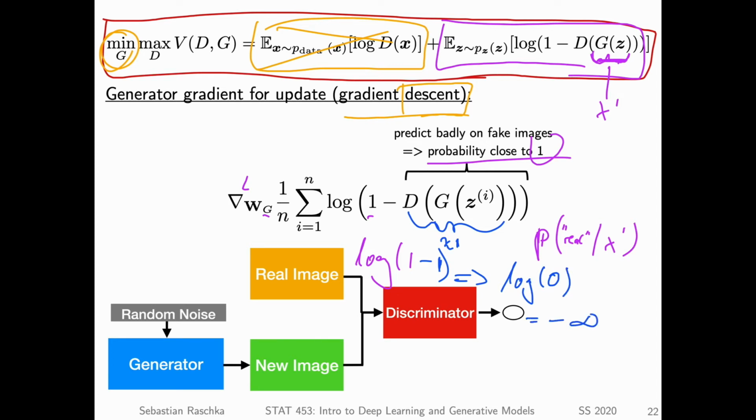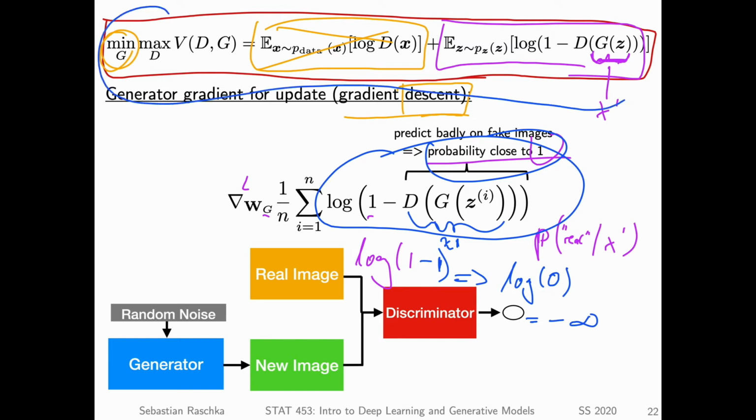So in that case, we minimize this whole objective here by putting a probability close to 1 here, such that the log will be 0, which will then cause the whole objective to be minus infinity, or very small, infinitely small in fact. So by just having the discriminator predicting a probability close to 1, in this case, we'll minimize this objective here. So that is the part about the generator where we want to fool the discriminator to make wrong assessments about the generated images.